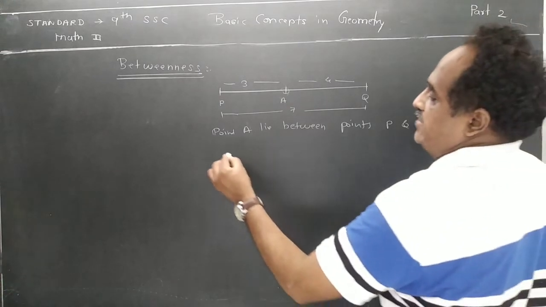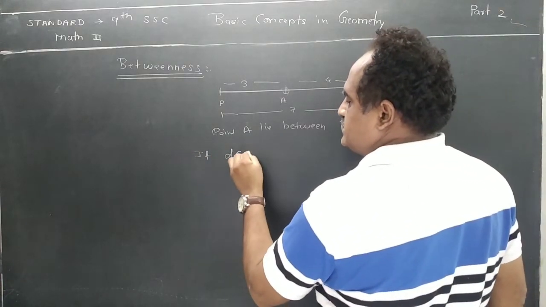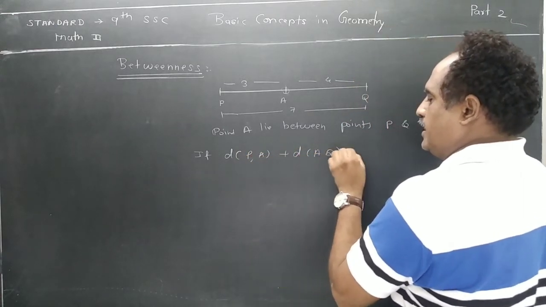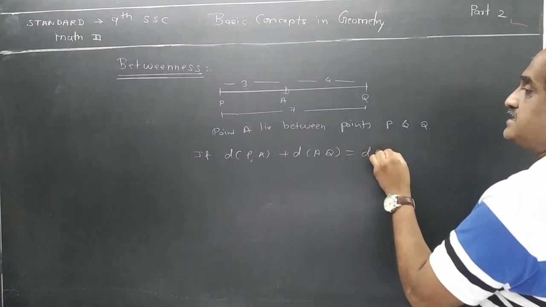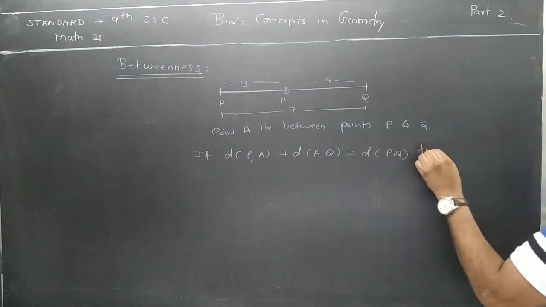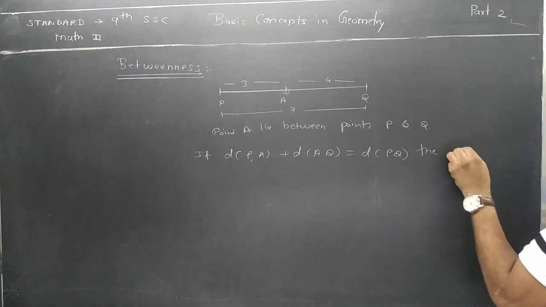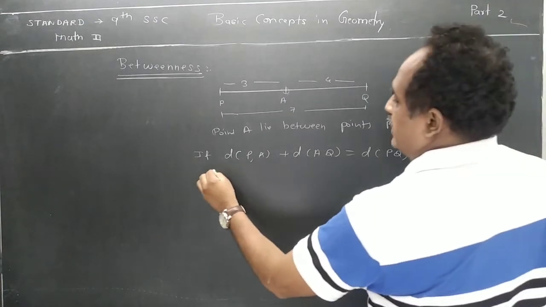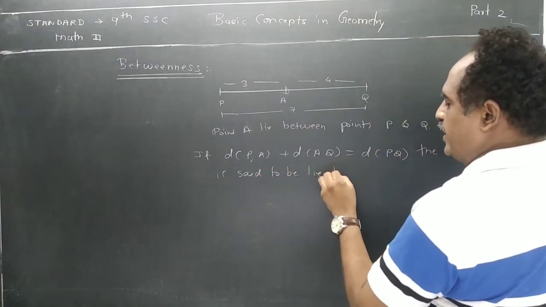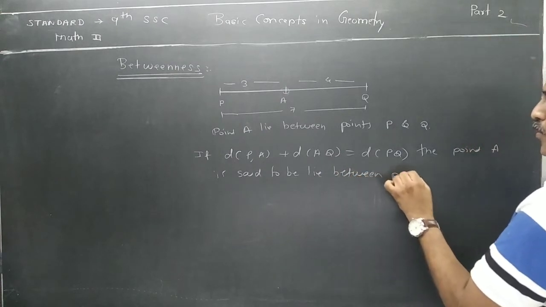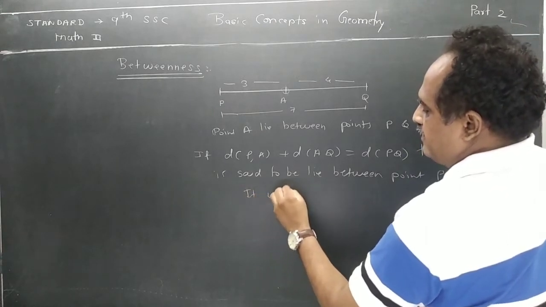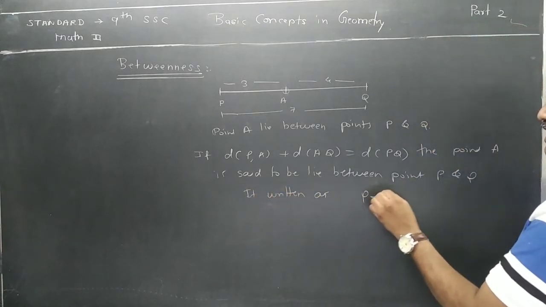Now in this case I can say that if distance PA plus distance AQ is equal to distance PQ, then point A is said to lie between points P and Q. It is written as PAQ.